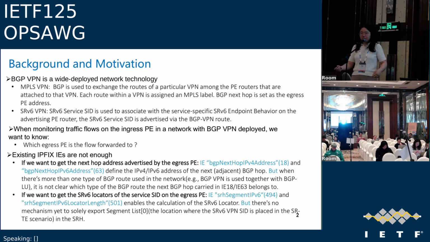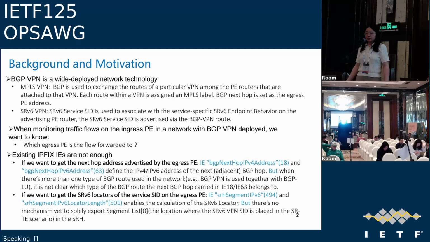So background: BGP VPN is widely deployed for MPLS VPN. You associate a particular MPLS label with the BGP service and advertise it via a BGP VPN route, and the next hop normally is set as the egress PE address.